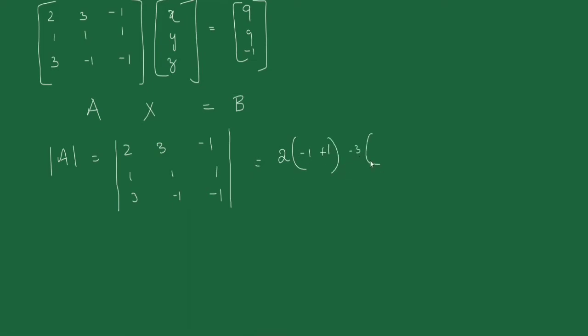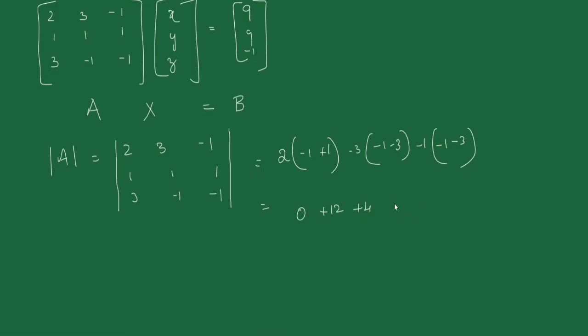Minus 3 into minus 1 minus 3. Minus 1 into, cut this row, cut this column, minus 1 minus 3. That is equal to 0, minus 4, minus 3 plus 12, minus 4, minus 1 plus 4, that is equal to 16.